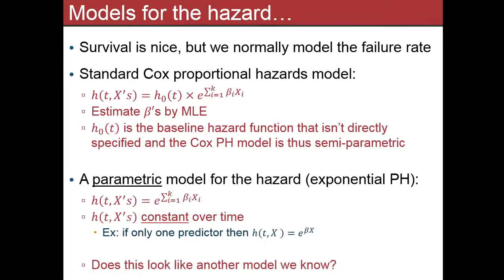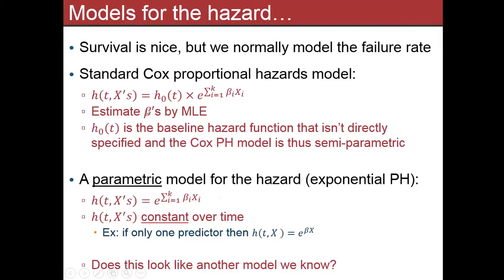But you can imagine a modification to this function which looked something like this. Imagine the baseline hazard was 1 or some constant. Let's just imagine it was 1. Then you'd basically be left with something like this: h of t is equal to e to the same linear function. So I'm just replacing this with a 1.